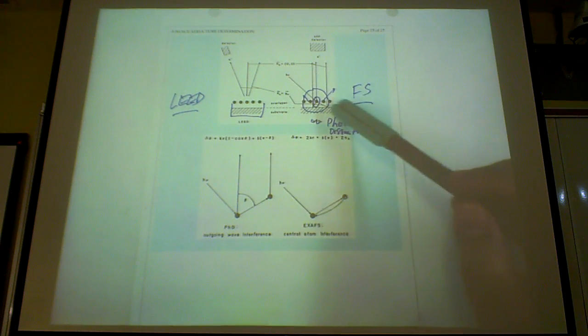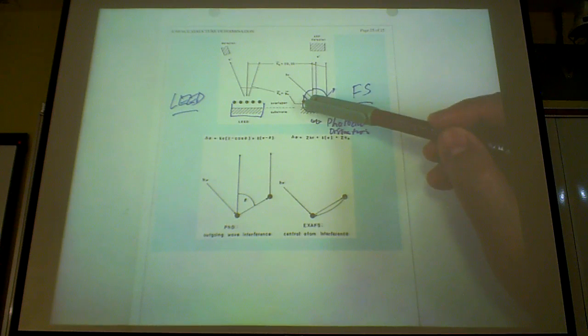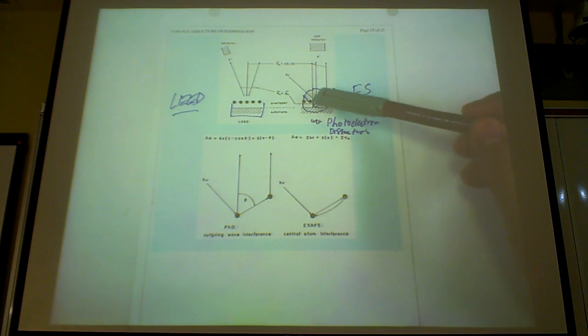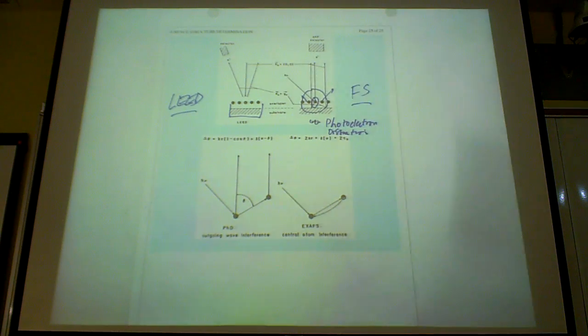In the case of photoelectron diffraction, you are just looking at the photoemission signal. The photoelectron scatters off the atom, and interference happens, and then this photoelectron comes out, and you're measuring the photoelectron signal as a function of angle.